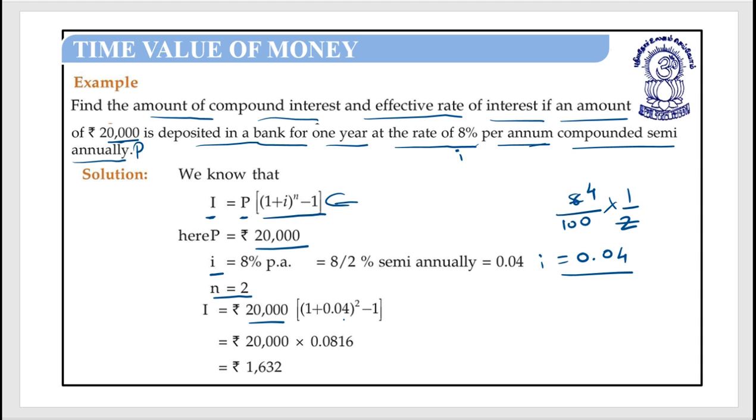Using the calculator, you can solve this, and here we get 0.0816. So 20,000 multiplied with 0.0816, the answer is 1632.